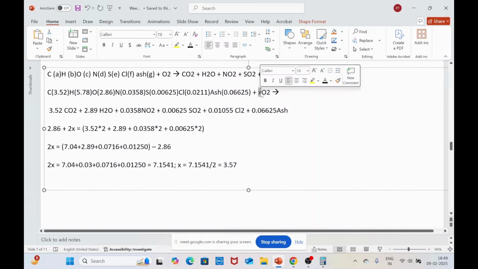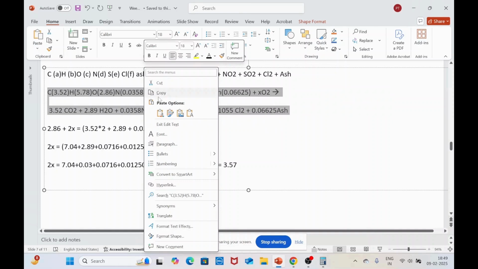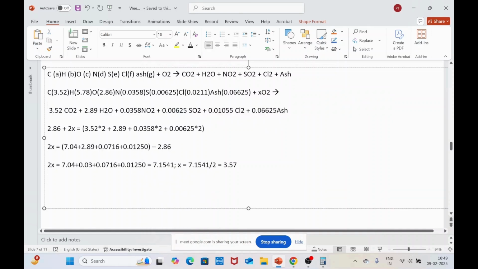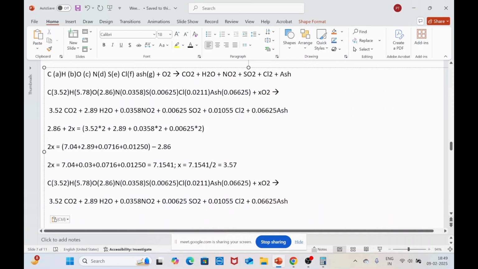So let's replace this. Let me just copy this equation. So these many moles of oxygen are required, the stoichiometric quantity of oxygen required for this process.